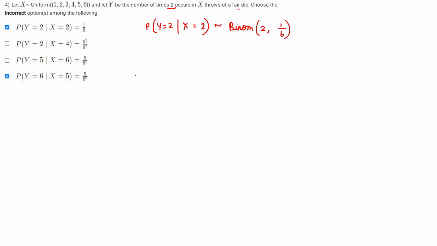So this is 2c2 times 1 by 6 to the power of 2 times 5 by 6 to the power of 0. That is 1 by 36.